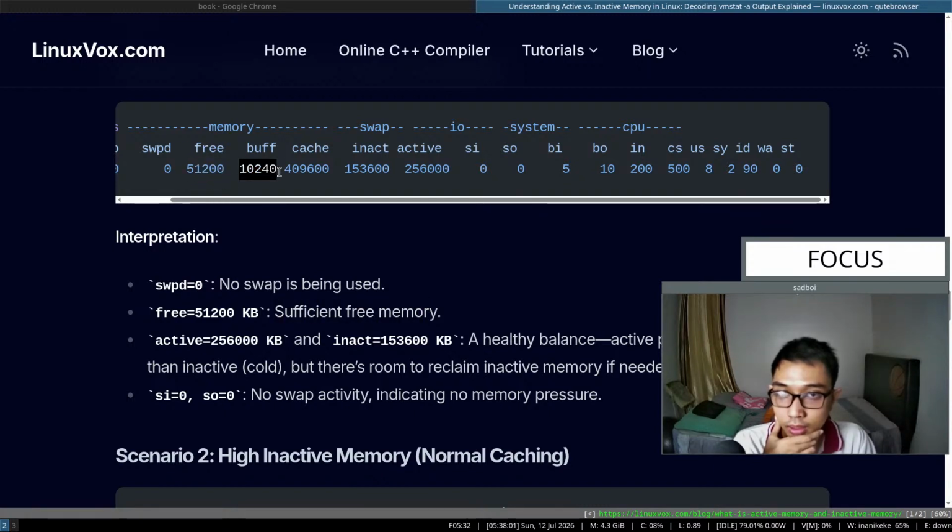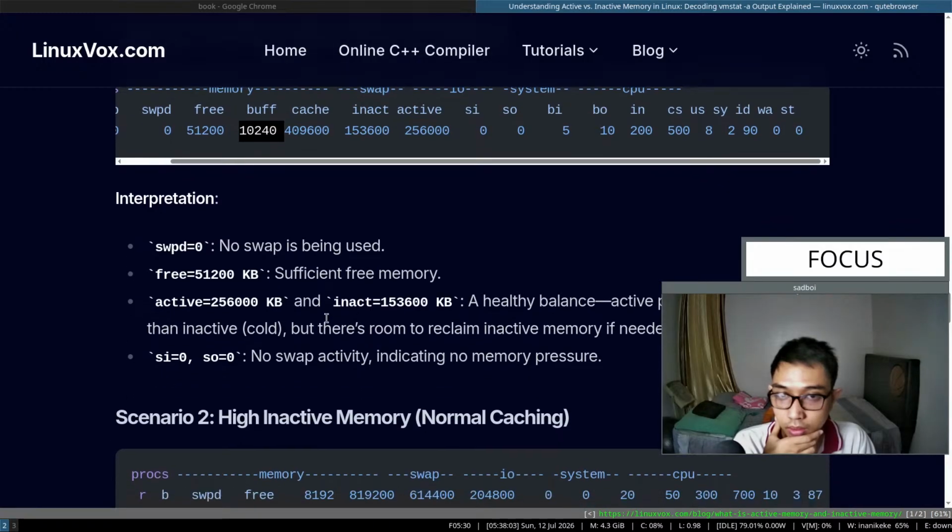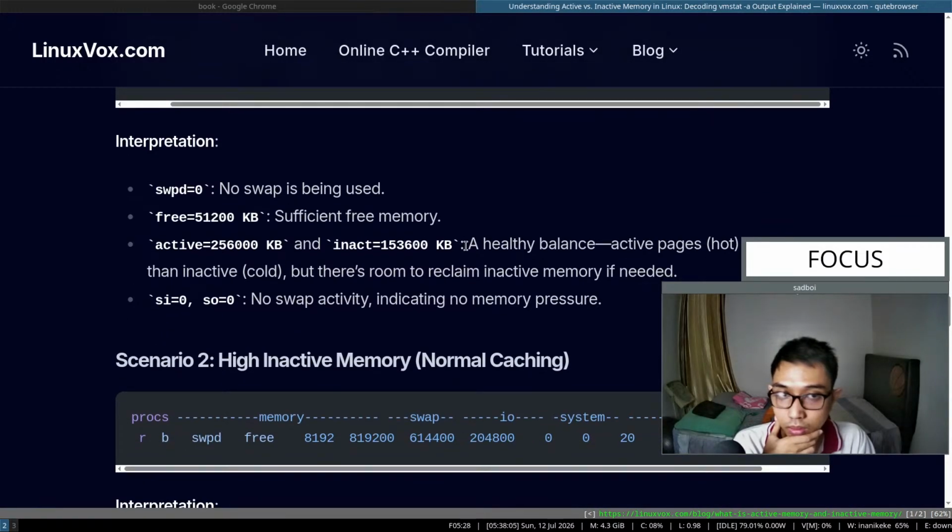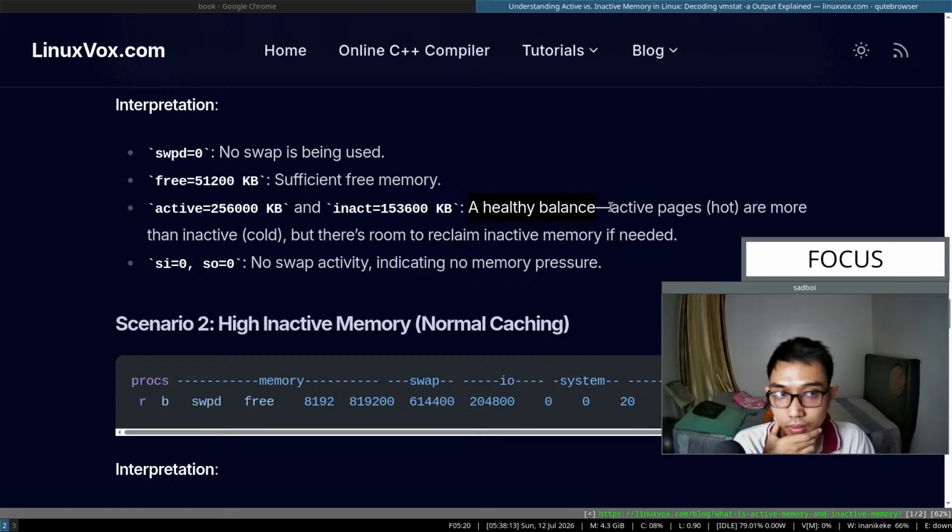I'm not sure what is the indication of this healthy balance. Active pages are more than inactive pages. Oh, okay.